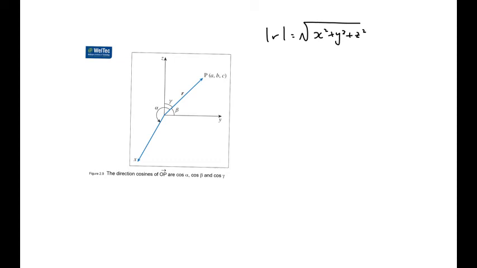Then L is going to be the cosine of alpha, which is the angle between the vector and the x-axis, so that'll be x over that.